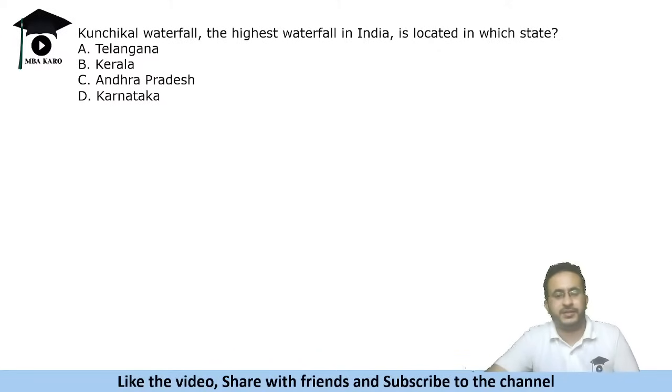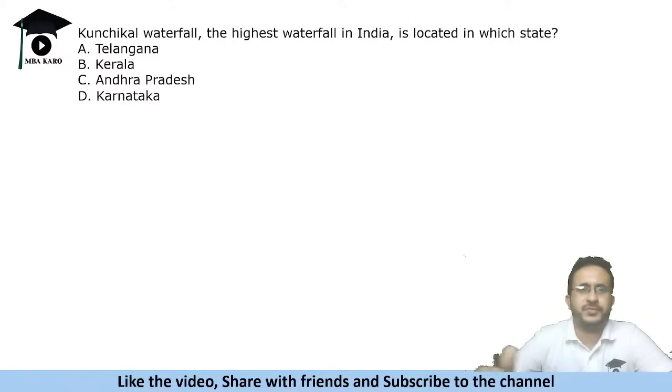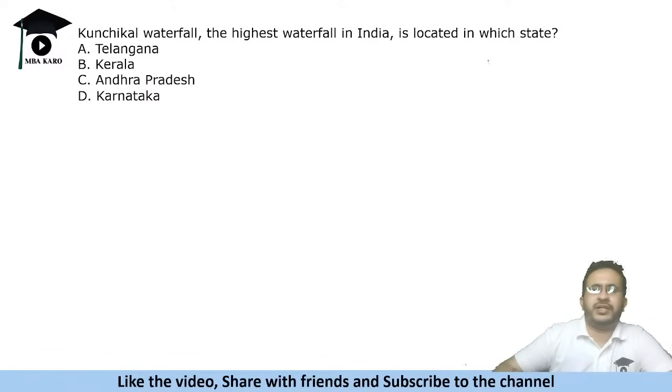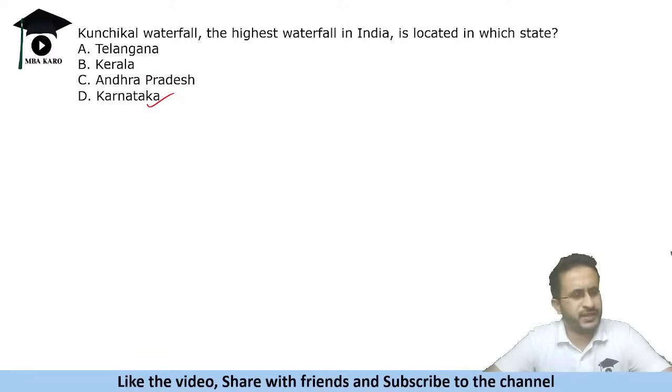Sometimes you can guess based on options also. Not in all questions, but sometimes in some questions you can guess using options. So Kunchikal waterfall is in Karnataka. Jog Falls is the second highest, though some say something else as second highest. Yeah, that is also in Karnataka only.